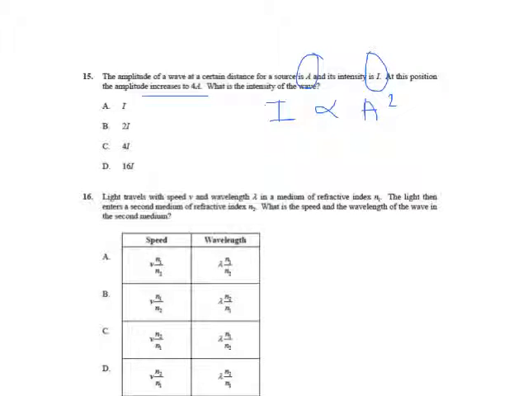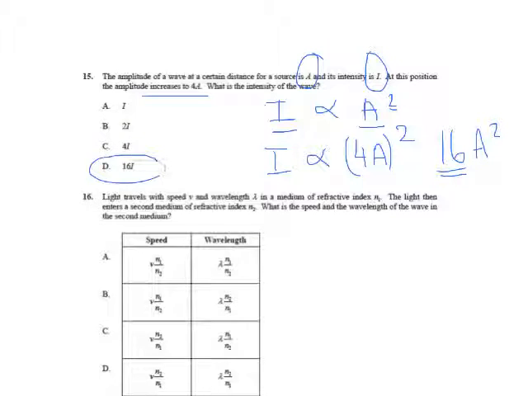So whatever you do to the amplitude, you have to square it, and that will give you its intensity relationship. The amplitude has been made 4 times bigger, so if we square that factor, it gives us a value of 16. So the intensity is increased by 16.